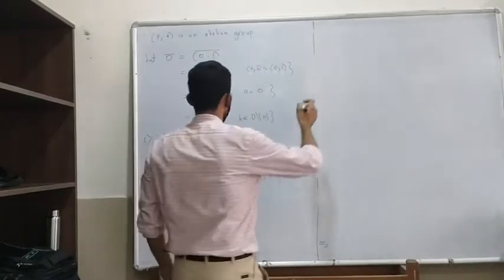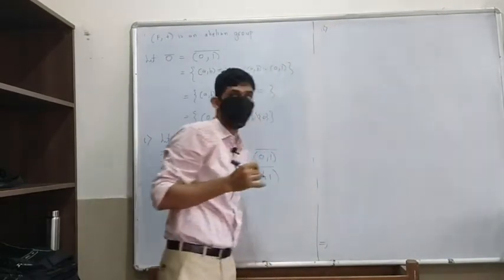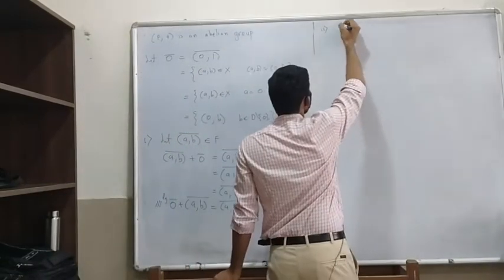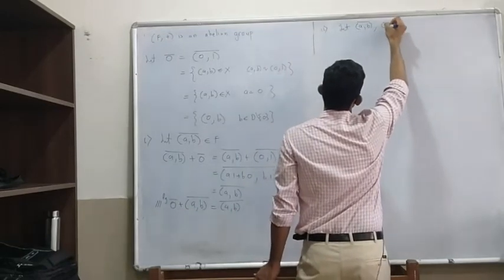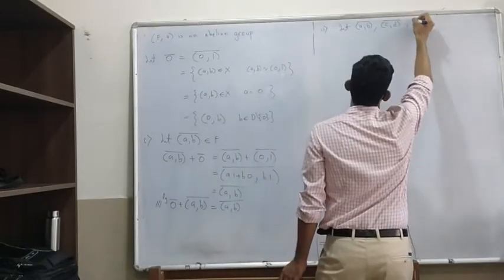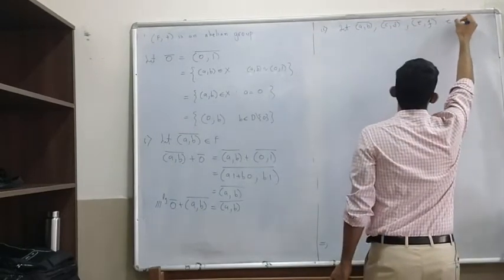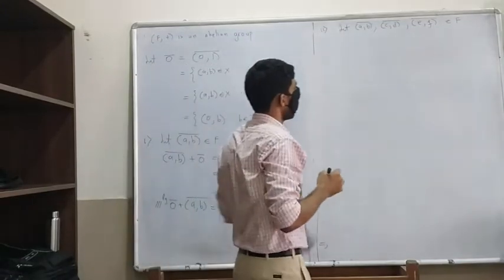what are the other things I need to prove? Associativity, right? So let (a, b) bar, (c, d) bar, (e, f) bar all belong to F. What do I need to show? Associativity.